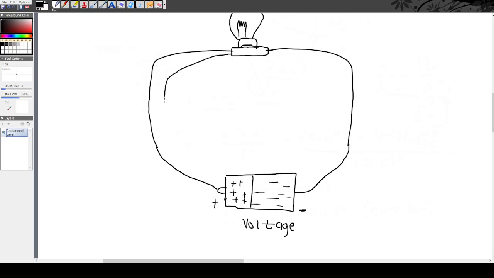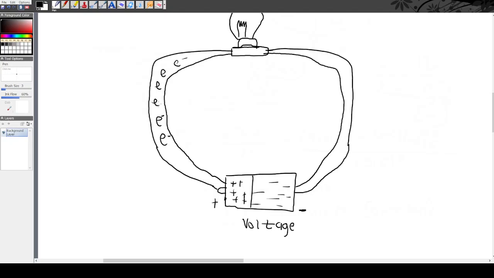So let's make the copper wire in 2D. You will see why I draw it this way. This is the inside of a copper wire. We know inside the copper wire there are electrons, as we said in the previous videos.